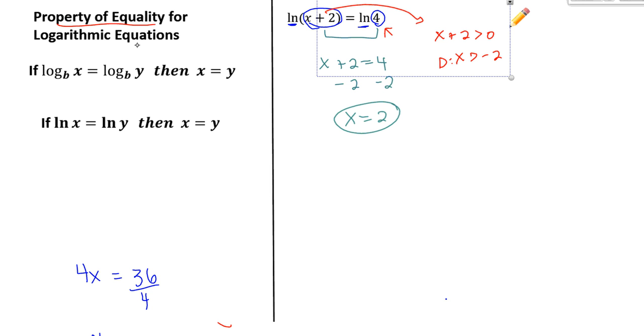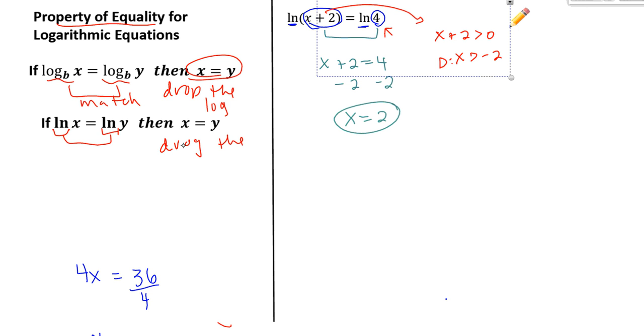So property of equality for these guys: if they match, then drop the logs. Same thing here. If these guys match, drop the ln.